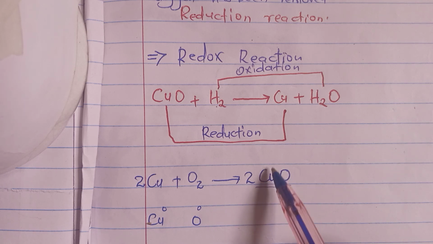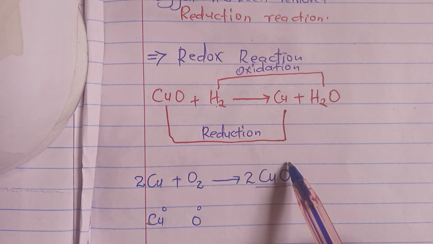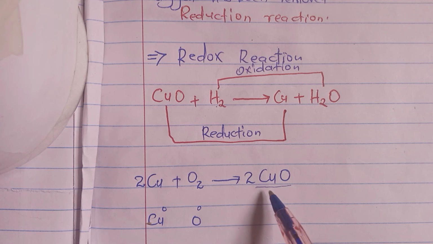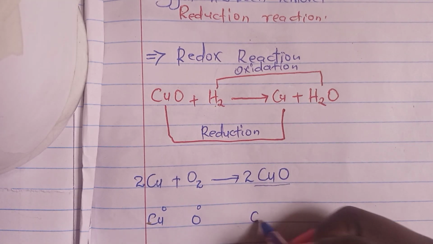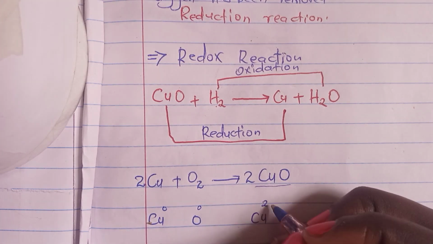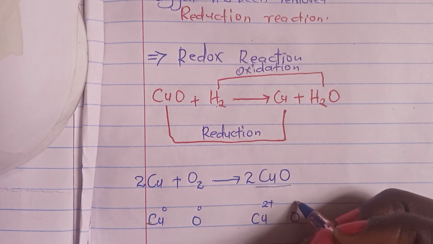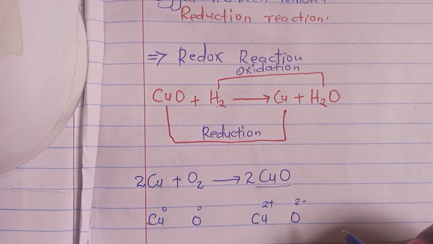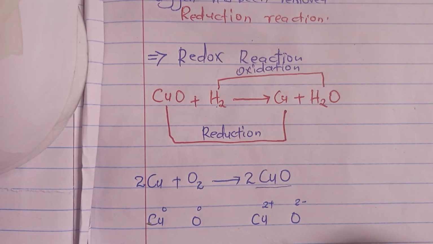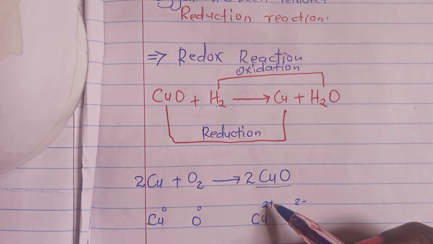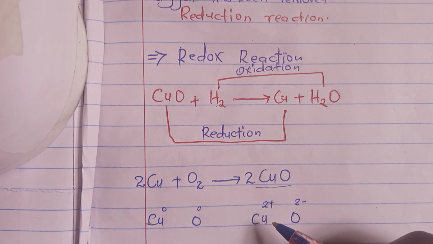We all know copper has a valence of +2 and oxygen has a valence of -2. So for a compound to be formed, there must be this interchange of electrons. So copper has 2+. This is our charge here, and for oxygen it has negative charge. What is my main point? Copper has to lose these 2 electrons from its outermost energy level for it to gain stability.